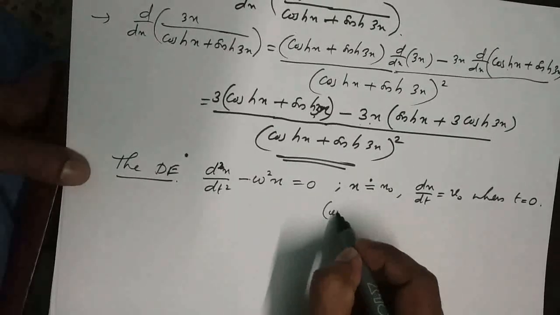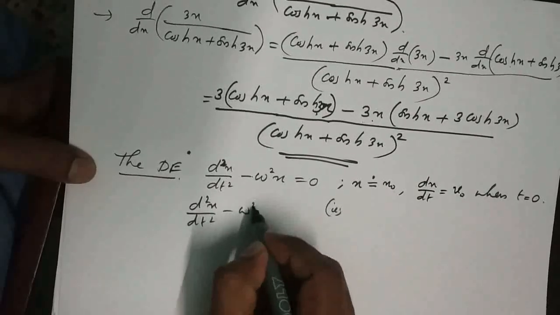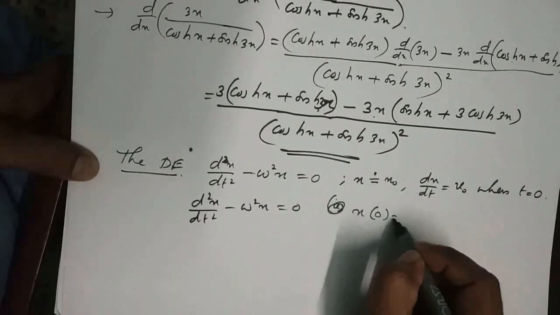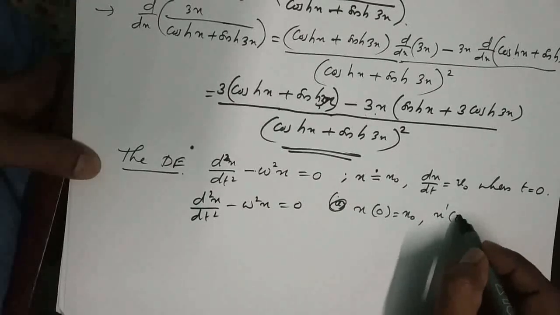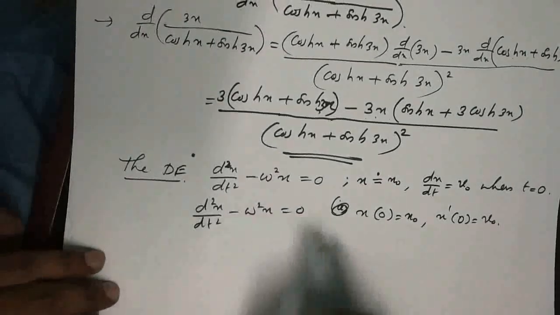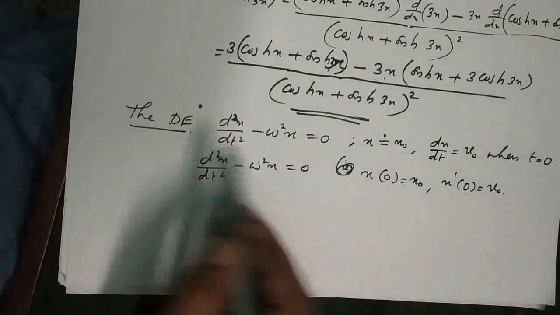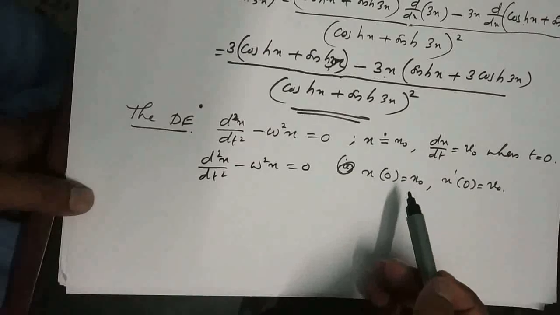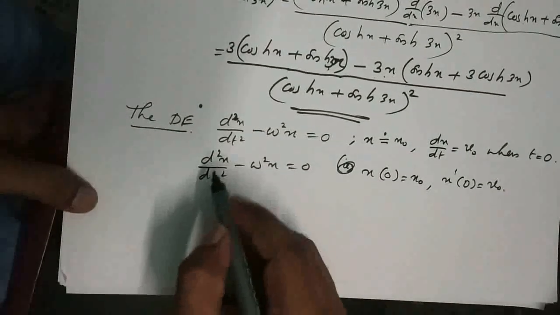What does it mean? It means d square x divided by dt square minus omega square x equals 0, along with x of 0 equal to x naught and x dash of 0 equal to v naught. So this is a second order initial value problem, because it is a second order differential equation along with two initial conditions. Okay, now a solution of this IVP.